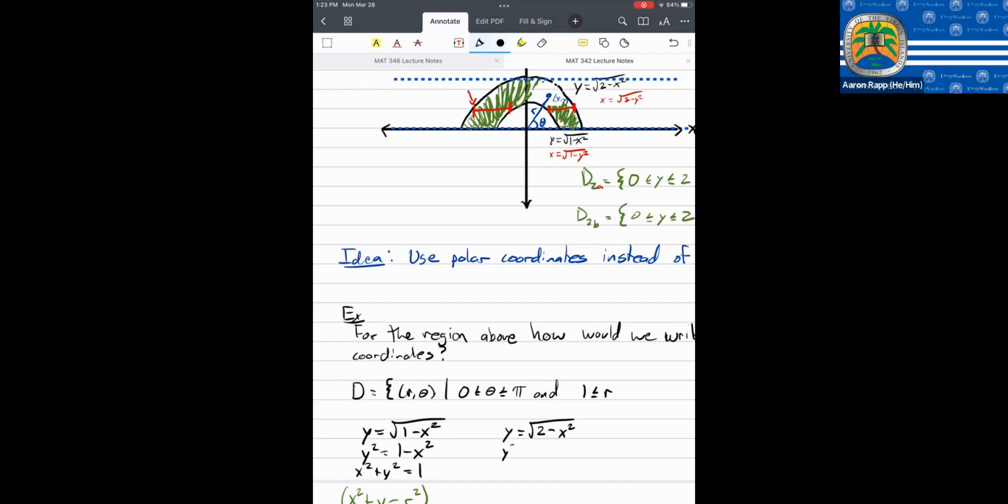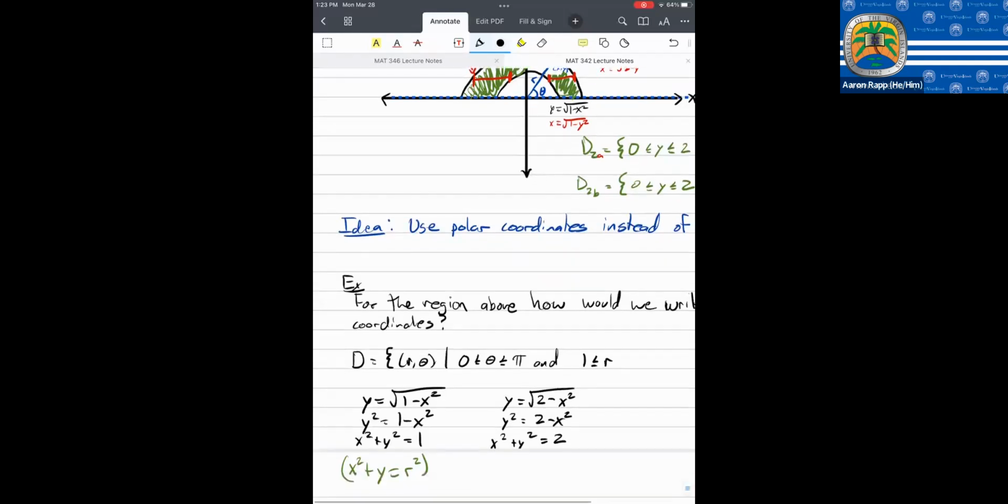If I square both sides, move the x squared over, this then tells me that my radius for this circle is actually what? x squared plus y squared is equal to my radius squared. 2 is my radius squared.